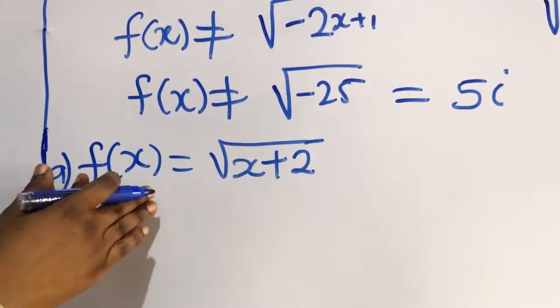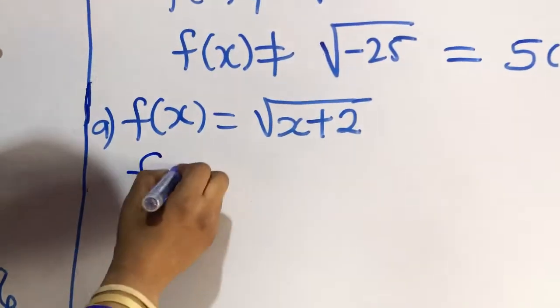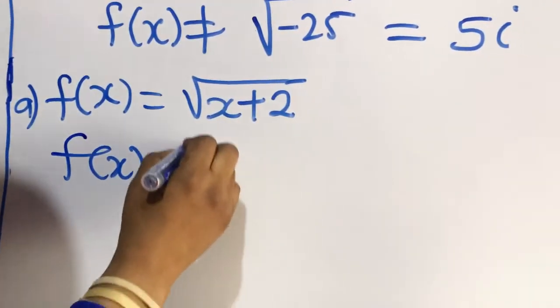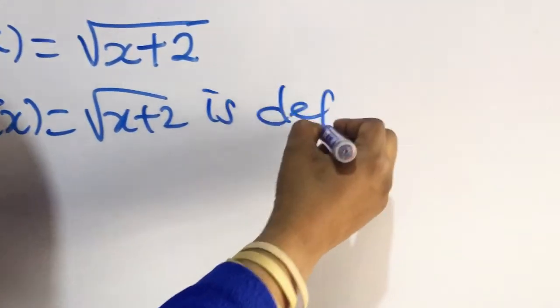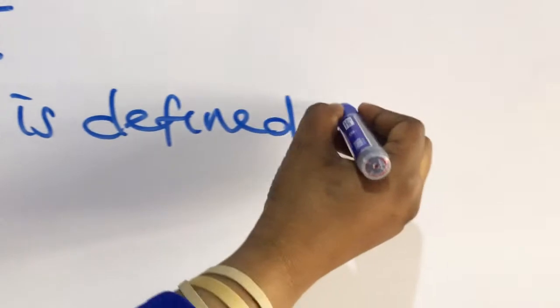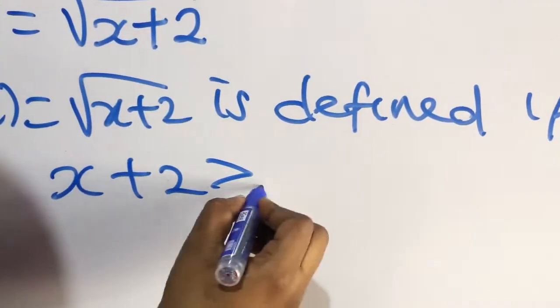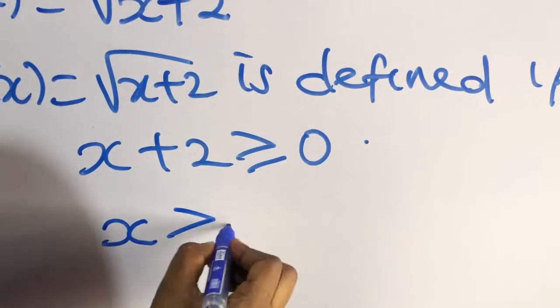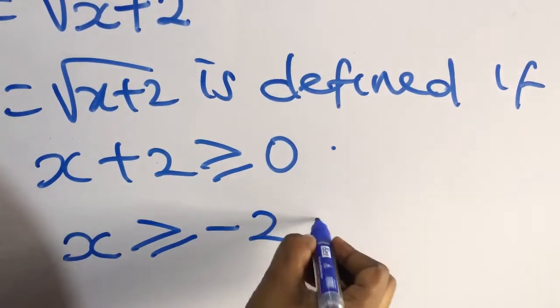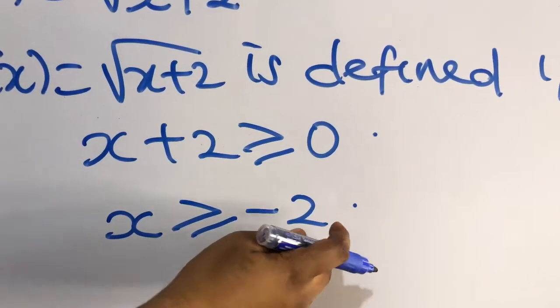For example, f of x is equal to the square root of x plus 2. So f of x is defined, or valid, if x plus 2 is greater than or equal to 0. So x will be greater than or equal to minus 2. x must be greater than or equal to minus 2.